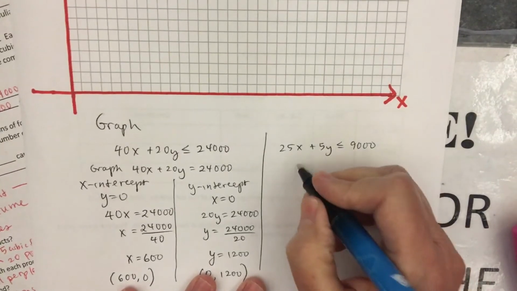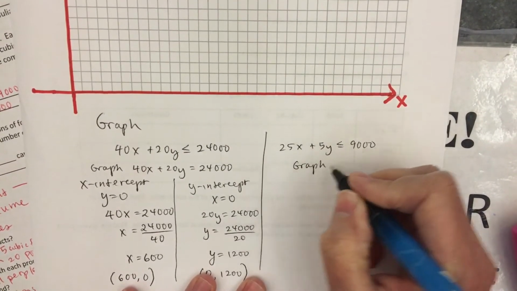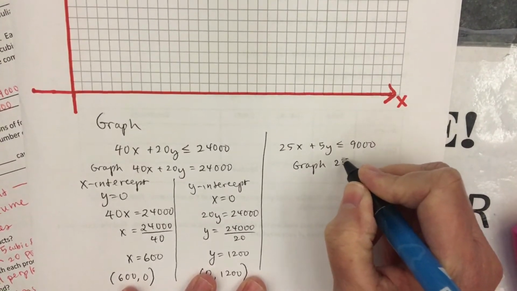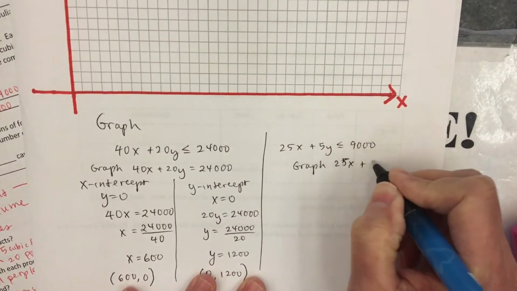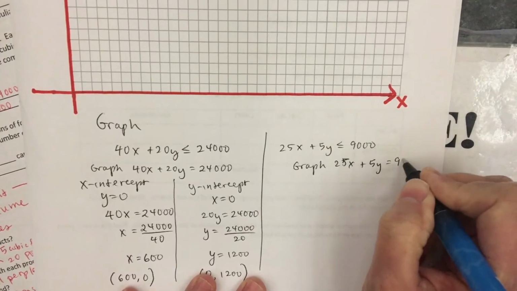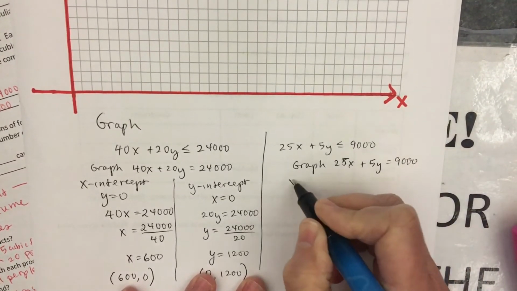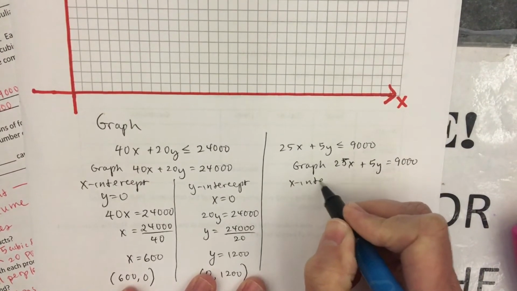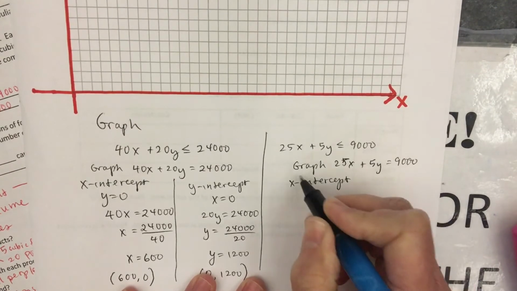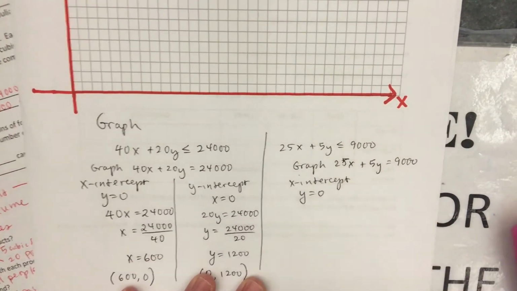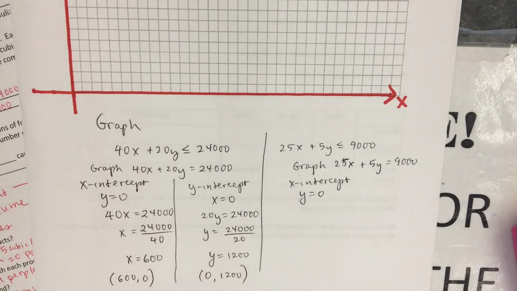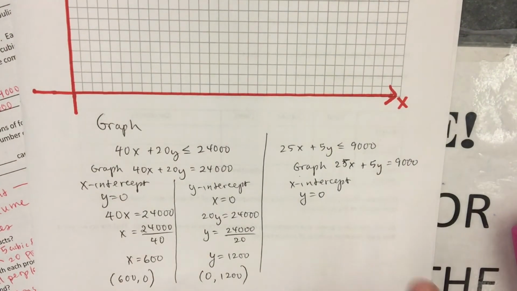For the second line, we need to graph 25x plus 5y equals 9,000. For the x-intercept, we'll plug in y equals 0. You could show the formal calculation as I had been doing, or you can use the cover-up technique.